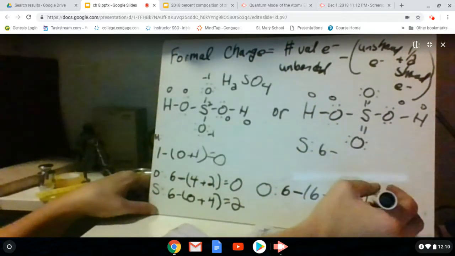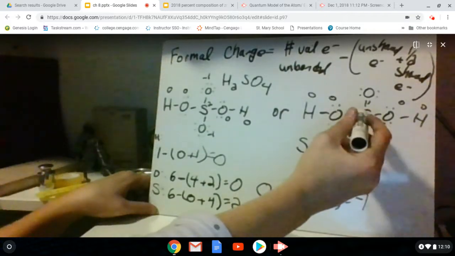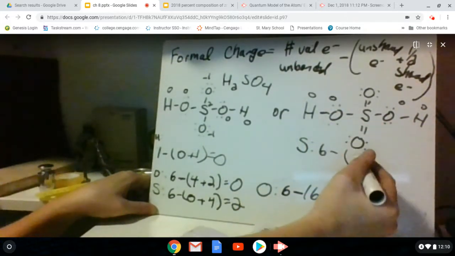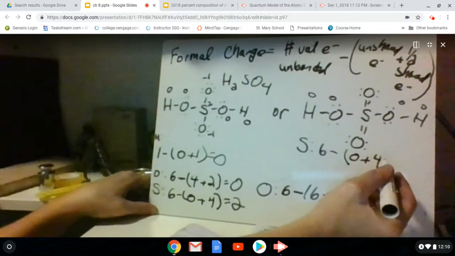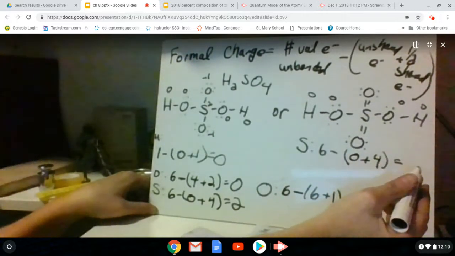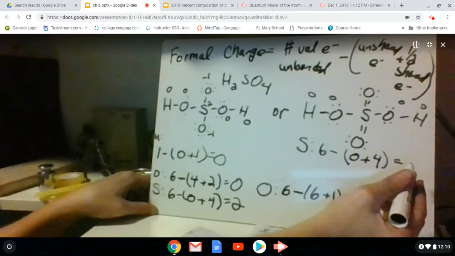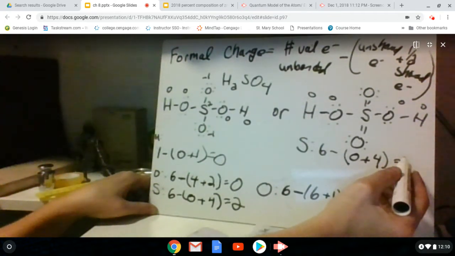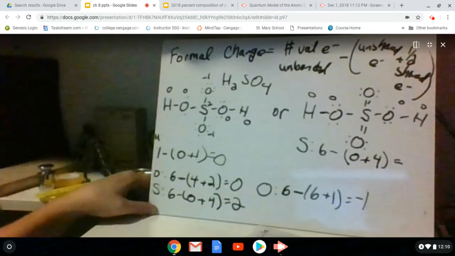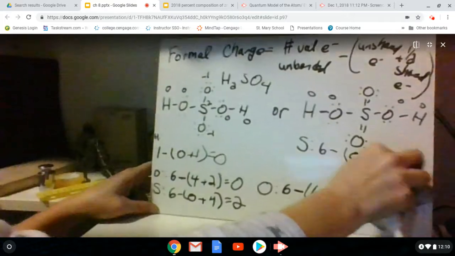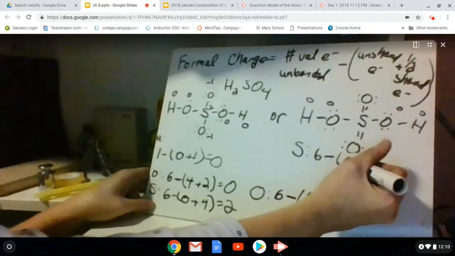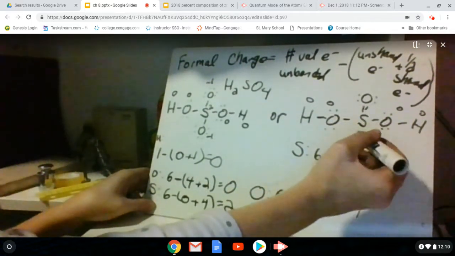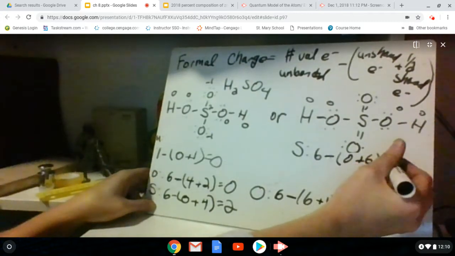Okay, so it's sharing 8. So we're going to have half of 4. And how many unshared electrons do we have? None. Everybody's being shared. So 6 minus 4 is 2. That's not right. Oh, silly me. I missed those ones on the oxygen. 6 minus 0 plus 1, 2, 3, 4, 5, 6. That's 12, so 6. So that equals 0.